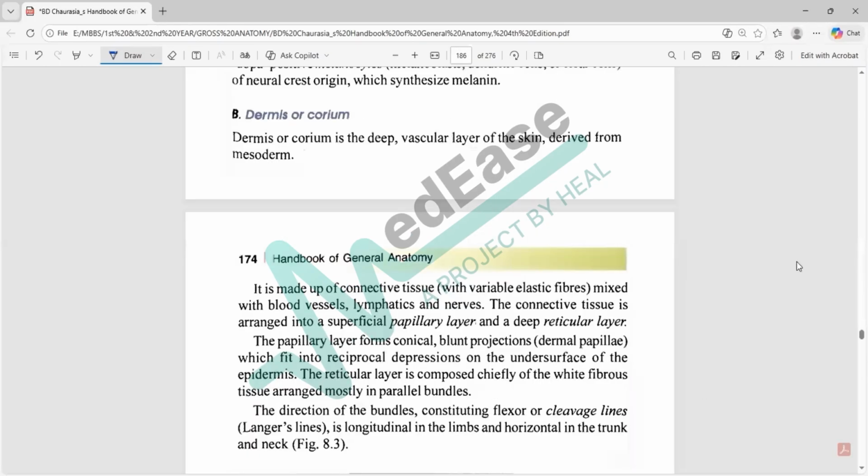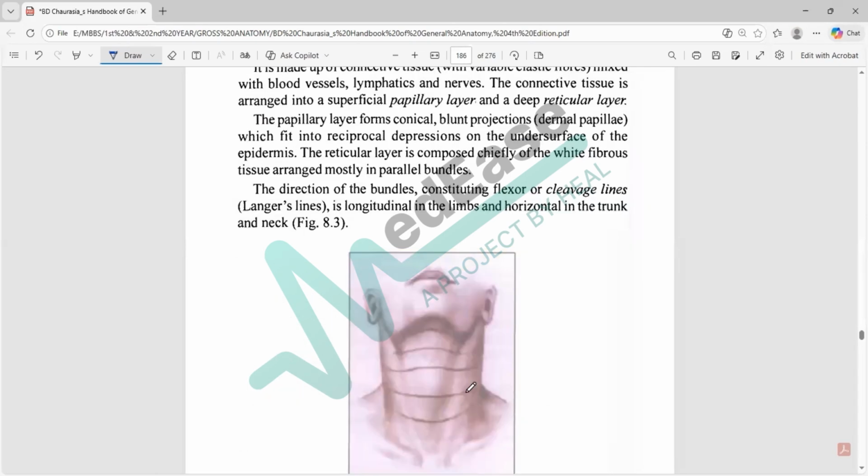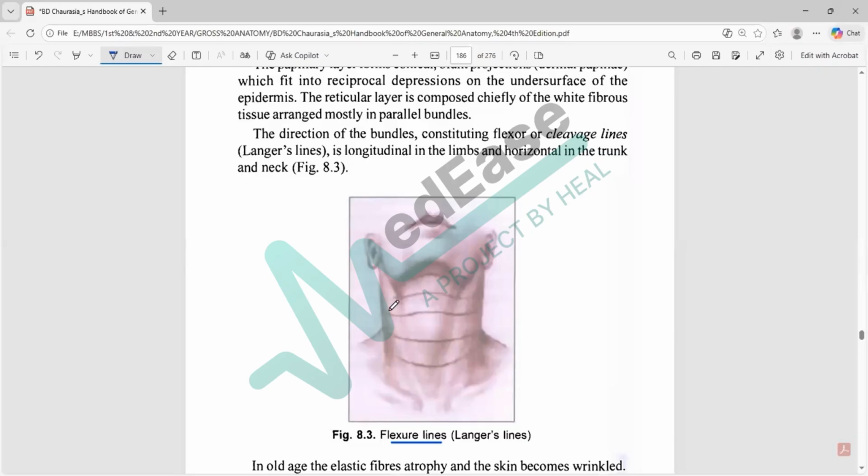Let me go to the next layer, which is the dermis. Unlike the epidermis, this is the vascular layer, which is sensitive to stretch as well as pain. The dermis is closely related to the epidermis at specific points to produce the flexor or Langer lines. These lines, which you can see on the neck, are important because they are present longitudinally in the limbs, whereas horizontally in the trunk and the neck.